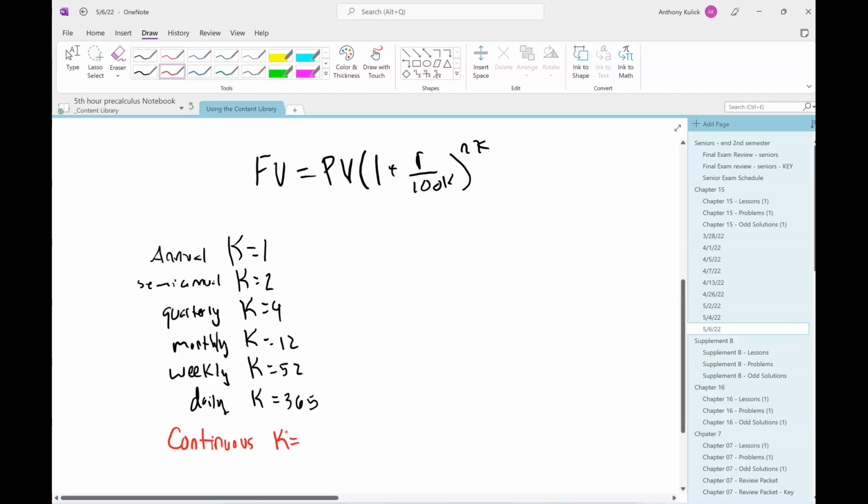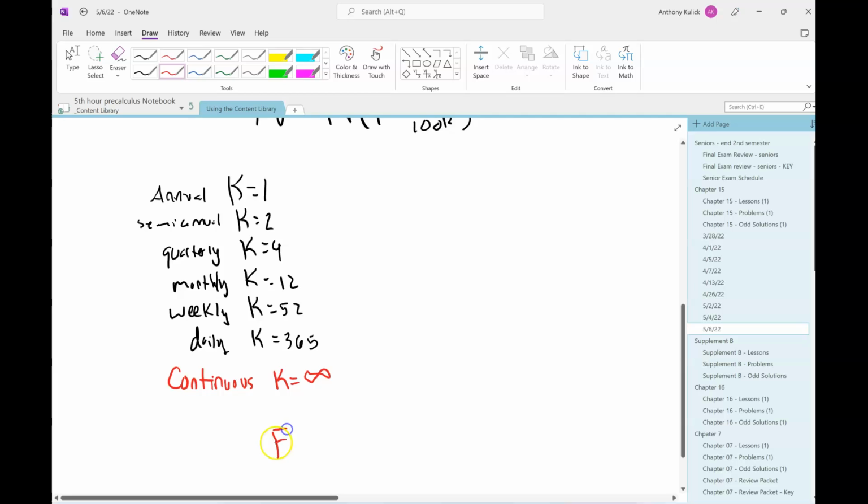What value of K does that imply? What's that? Yeah, infinite. So we can't exactly plug infinity in for K and get a number to come out, right? So let's play with this formula a little bit and see what we need to do here.